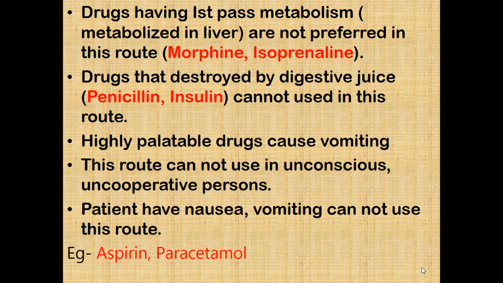But if cyclic or heavy vomiting is there, or very much nausea is there, you cannot use it. Okay, then what are the most commonly used drugs in the oral route? Aspirin and paracetamol. Aspirin we will use for pain, paracetamol for fever. This is related to the oral route of administration. If you write these points in the exam, you will get good marks. But you have to write along with the examples.